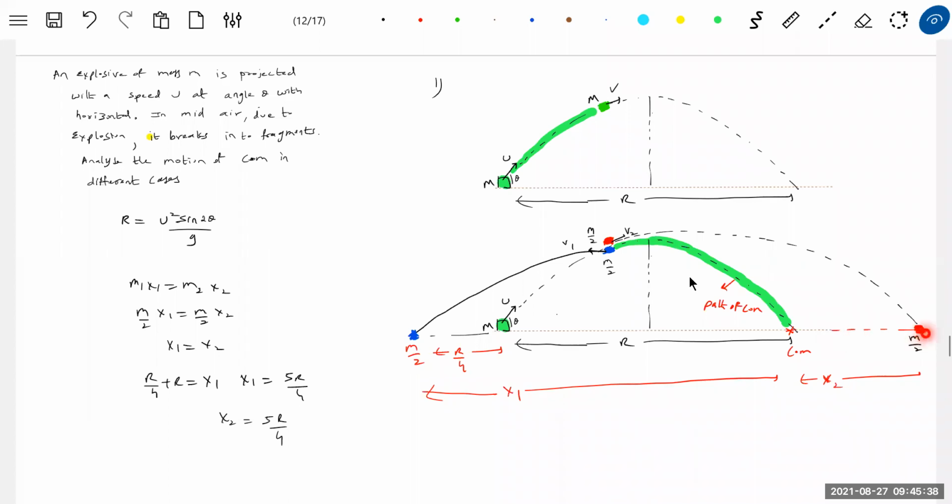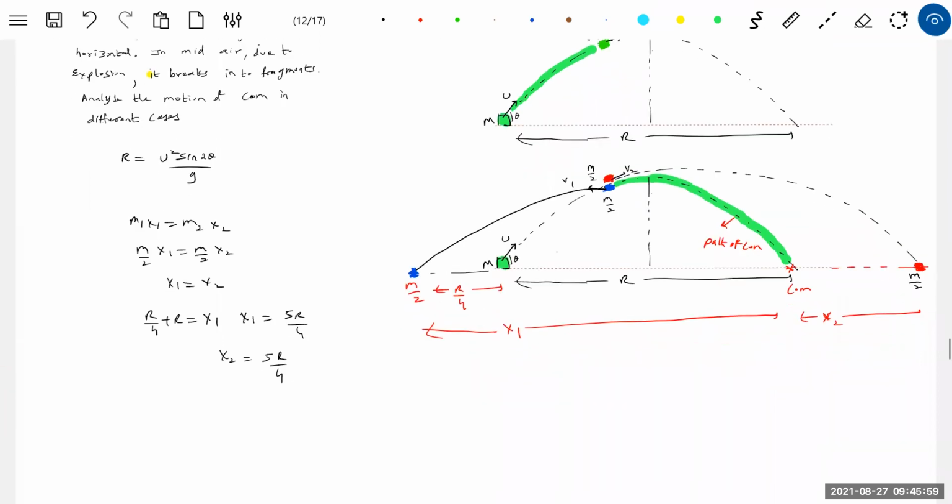Like this it is going to land here. So if you know where one of the fragments lands, we can predict where the other fragment will land. That's one of the sequences. If they break up into unequal fragments, then what conditions will come? I'll go for the next situation.